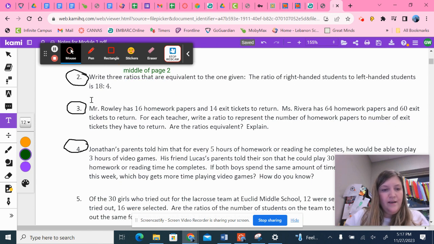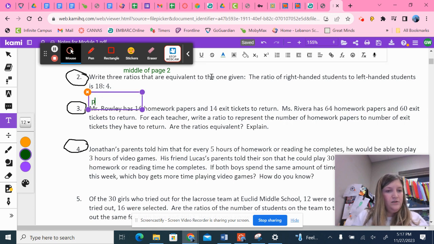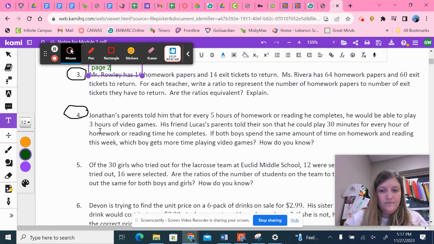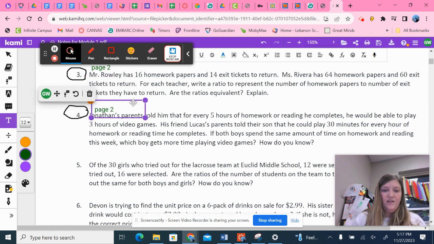Then number 3, that's also on page 2. And then number 4 is on page 2 as well. So go ahead, do your problem set.